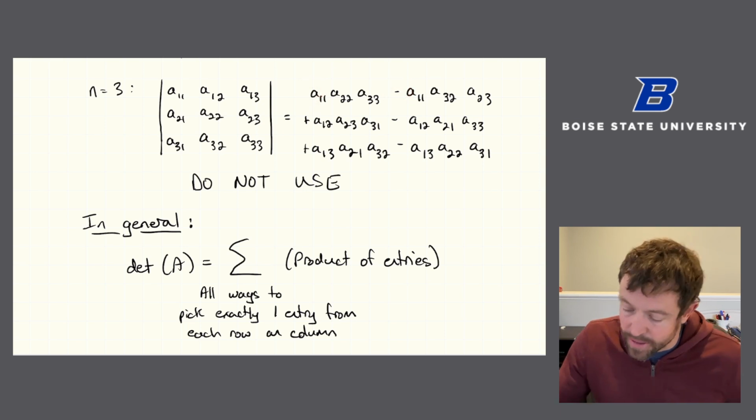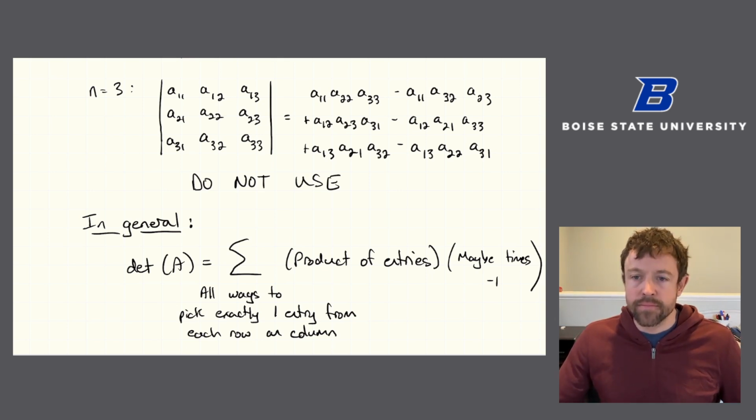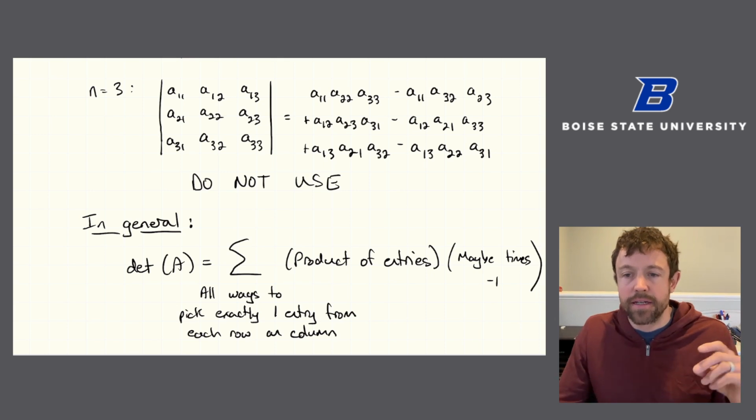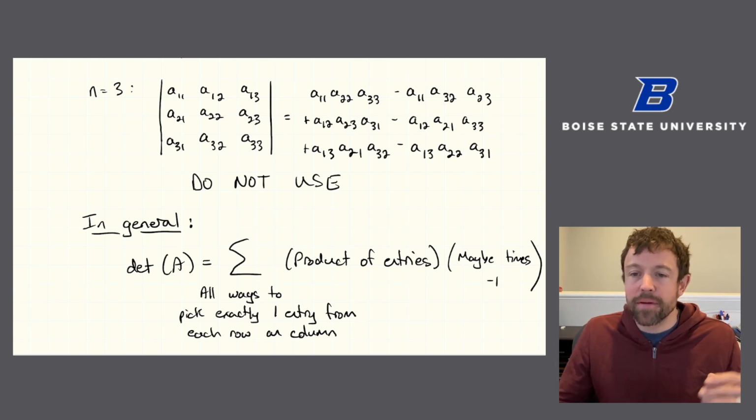So I'll write this like this. Maybe times -1. And I think this is a good way to write out the formula because it doesn't allow you to use it. We'll see there is a way to kind of use this formula, but it does allow you to understand what it's telling you.